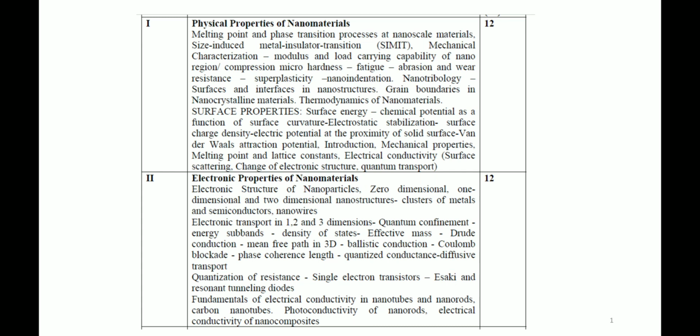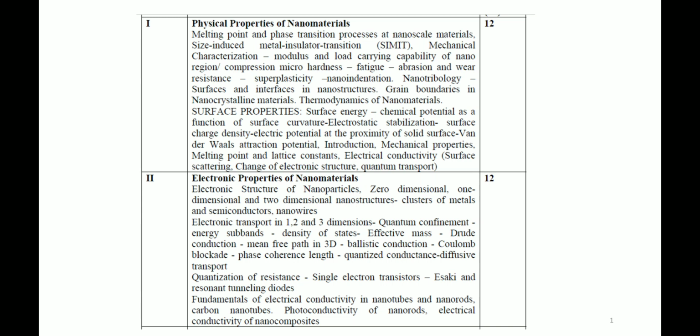When the material is reduced to the nanoscale, its surface properties change: surface energy, chemical potential as a function of surface curvature, electrostatic stabilization, surface charge density, electric potential in the proximity of a solid surface, and van der Waals attraction potential.